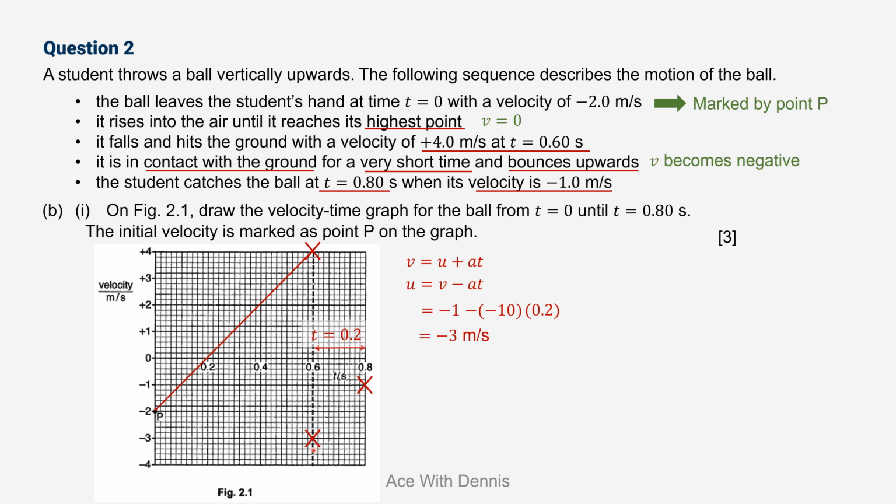Now I can mark that when the time is 0.6 seconds, it changes from positive 4 meters per second to negative 3 meters per second. As described here, it contacts the ground for a very short time and bounces upwards, so the velocity becomes negative. Now I can join these 2 points together with a straight line, and by doing this, I complete this velocity-time graph.